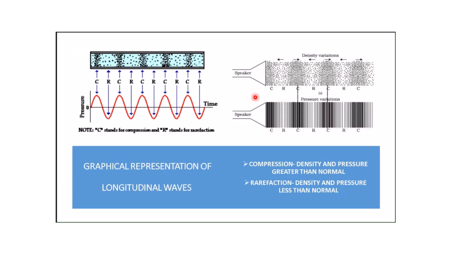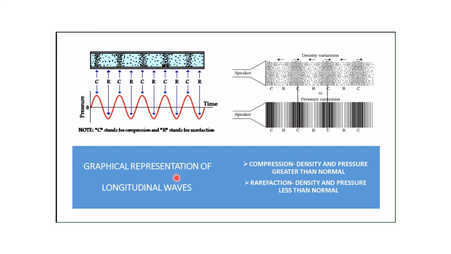When a wave passes through a medium, some properties of the medium like density, volume or pressure change. So waves are represented graphically by showing how some of these properties of the medium change when a longitudinal wave passes through it.